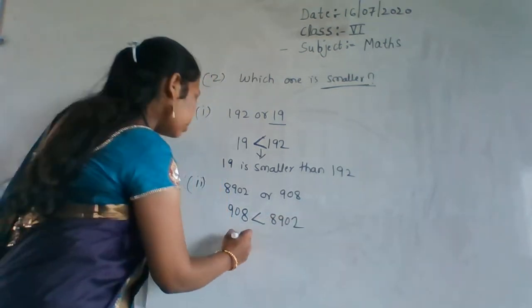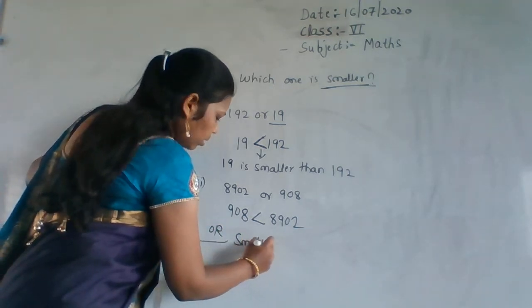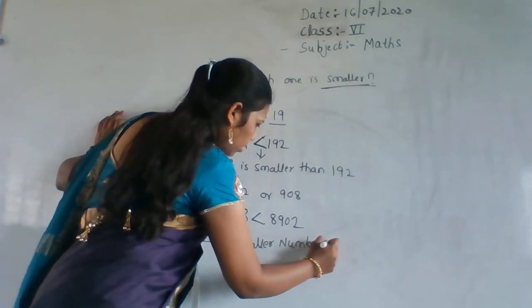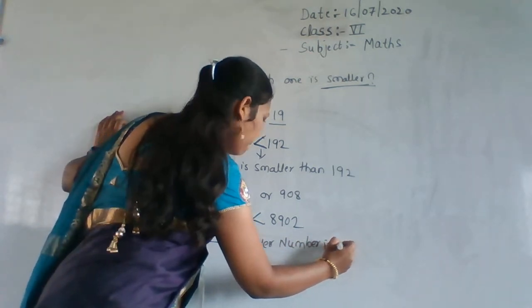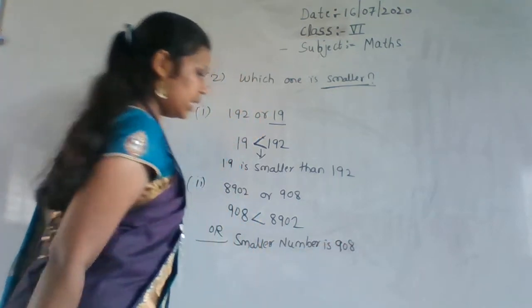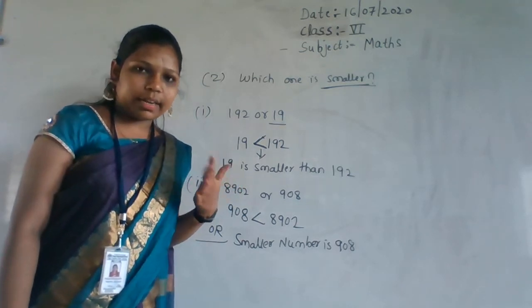Or write: the smaller number is 908. You have to write like this. Getting my point? What I am telling? Understanding, right?